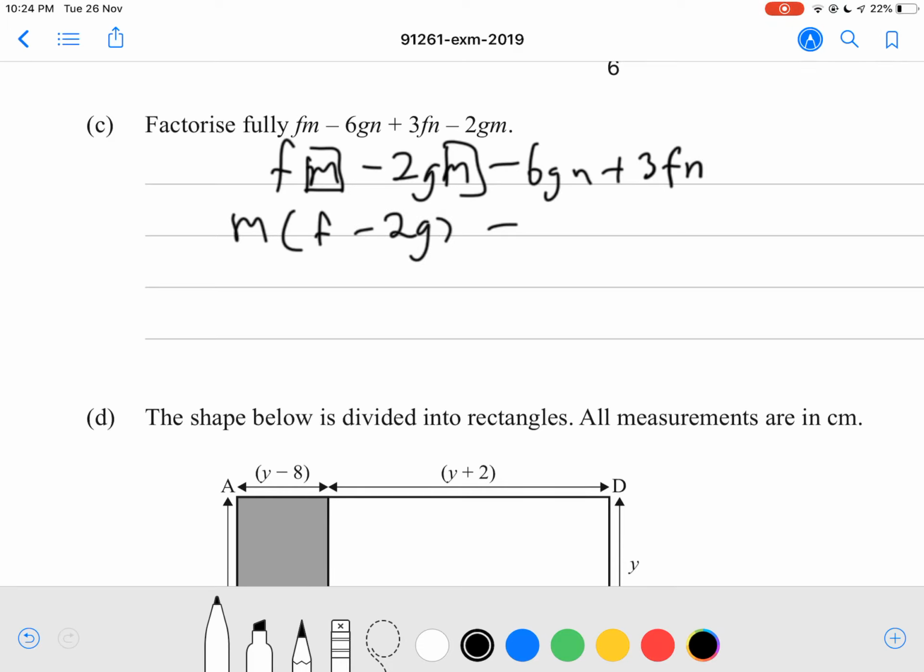Now minus n is the common factor here. Actually, 3n is the common factor here, so 3n times 2g. I'm doing something wrong here.